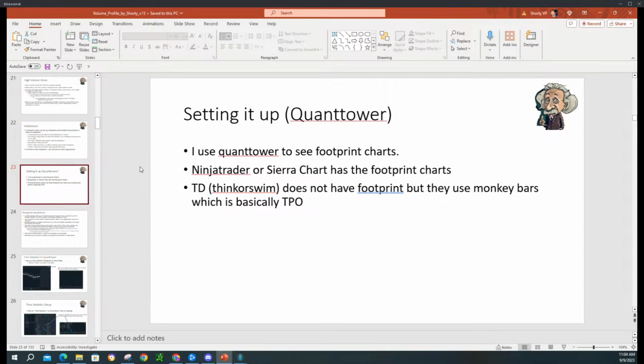You have a thesis, you have the concept, whether it's playing imbalances, or playing high volume nodes retest from the imbalance to the balance. The next step is going to be covering volume profile and combining the volume profile with the footprints. The way I trade is, for instance, I'll hide everything here.